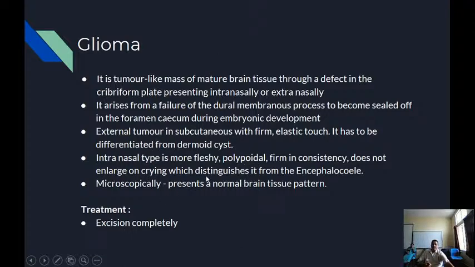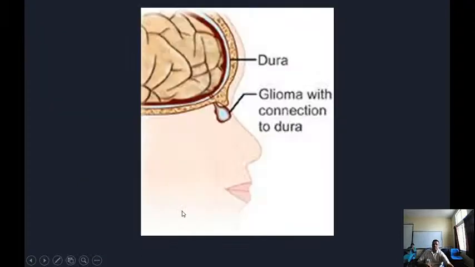And the other differentiating swelling is the encephalocele. I will tell about the encephalocele a little later. And the treatment of this glioma is once again the excision. And this is what a glioma is.